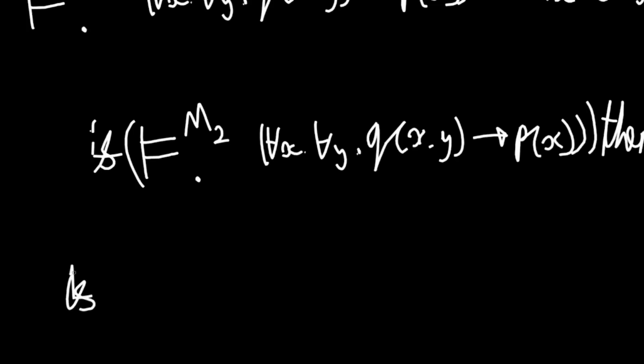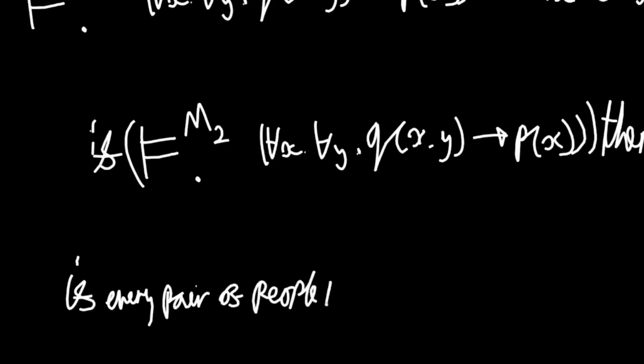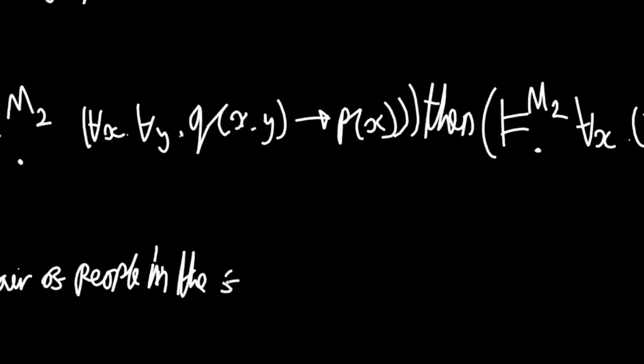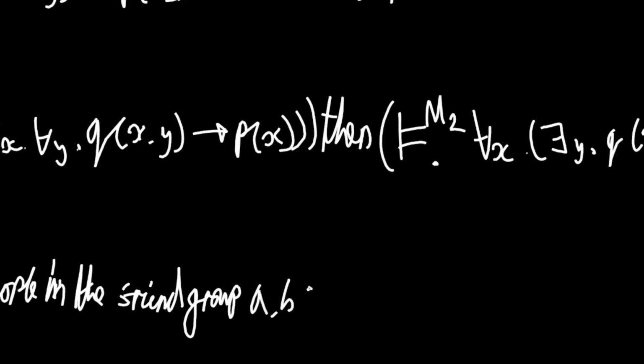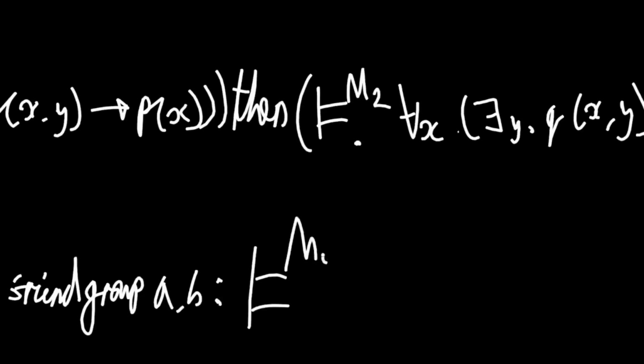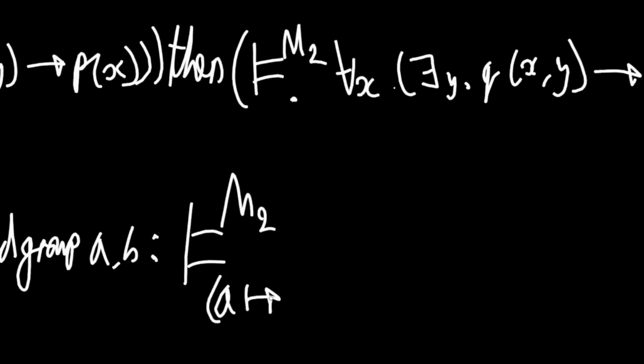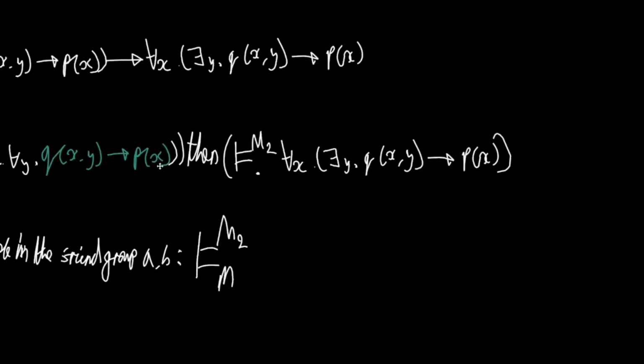So if every person, if for every pair of people in the friend group AB, whatever the model's definition, with the mapping A goes to X, B goes to Y, except that's just little m because, you know, save time, save space, of this guy.